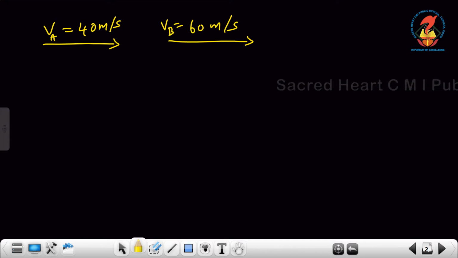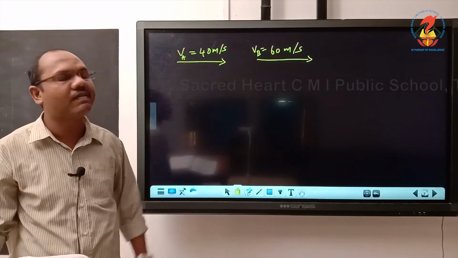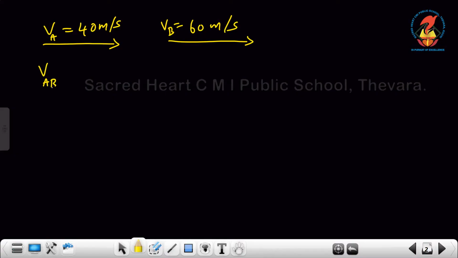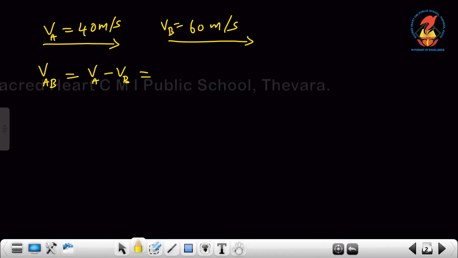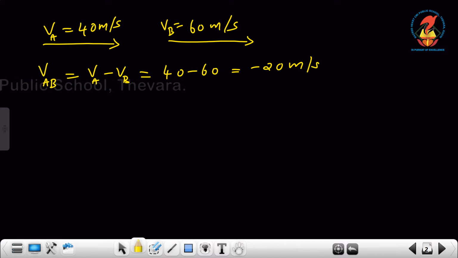Both the vehicles are moving in the same direction. Now I am going to find the relative velocity of A with respect to B: VA minus VB, so 40 minus 60, which is minus 20 meter per second.